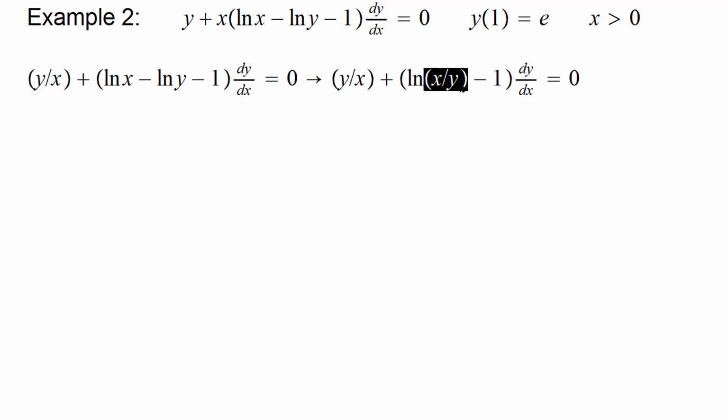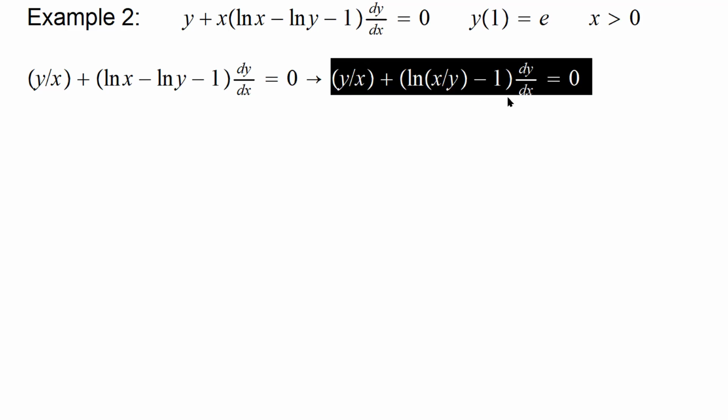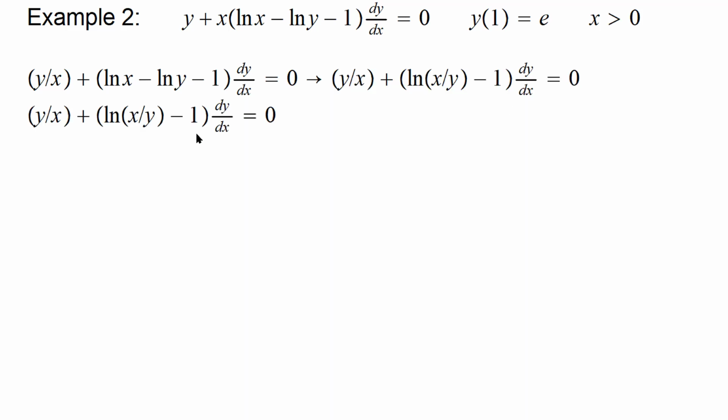If we just take the reciprocal, what will happen is the sign will be -1, and we simply get a -1 in front, okay? So we can write it as negative natural log of y over x.